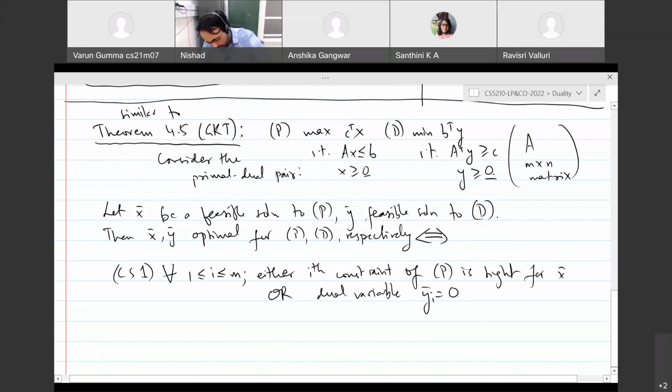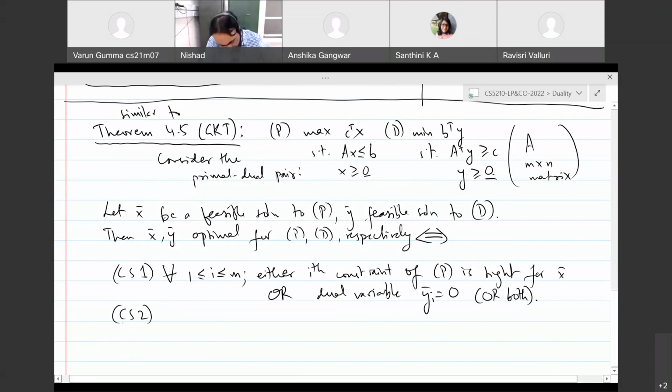And I want to emphasize that both of these can also happen. Of course, OR generally does not mean XOR. I just want to make it clear that both these conditions could hold. That's okay.